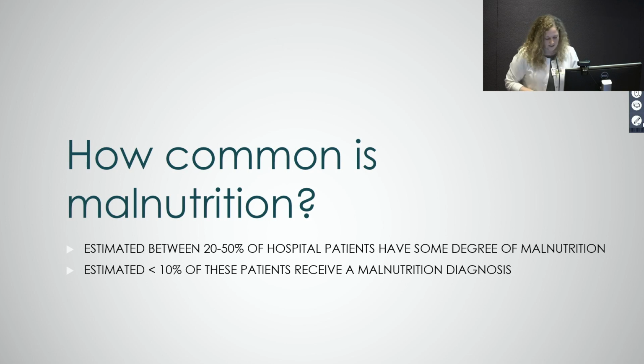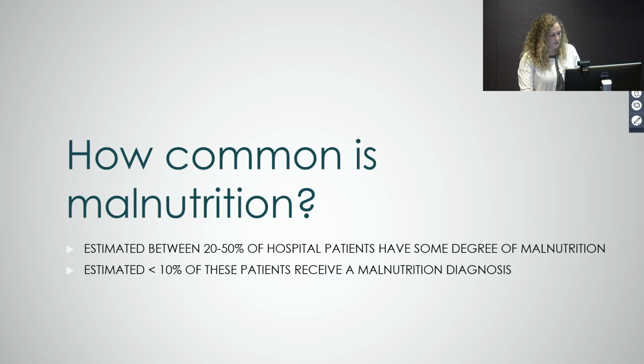And how common are we going to see this in a hospital setting? Depending on the research that you're looking at, you might see a wide range of estimates for prevalence, depending on what type of population you're looking at. But somewhere between 20 and 50% of hospital patients will have some degree of malnutrition, whether that's mild, moderate, or severe.